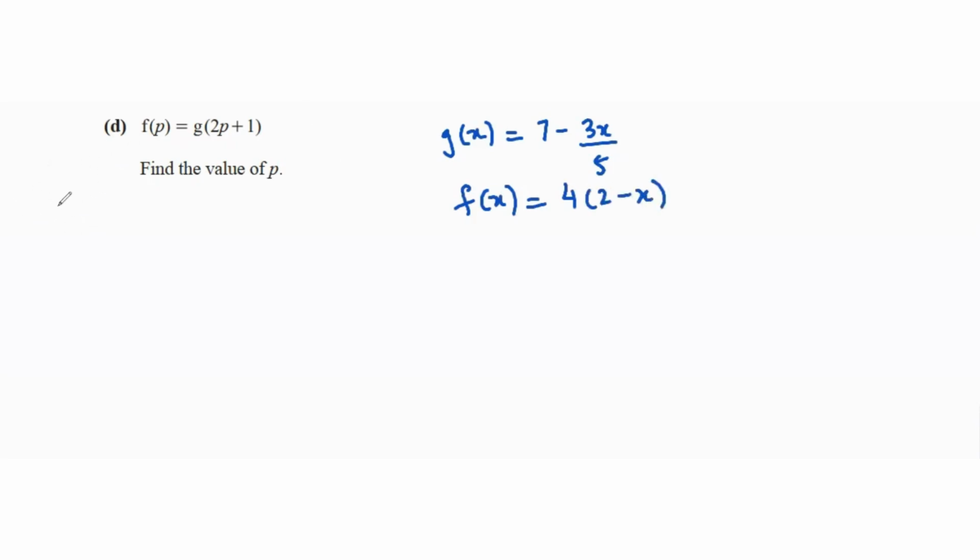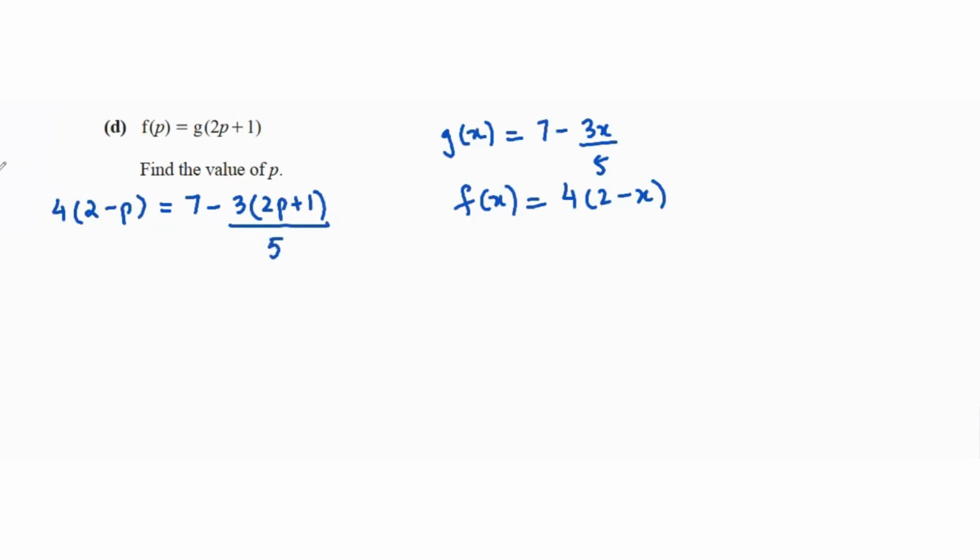So f of p is going to be 4 times 2 minus p. Basically, we're replacing the domain x with p now, and the domain of g is now 2p plus 1. So that's going to be 7 minus 3 times 2p plus 1. The entire x is getting replaced by 2p plus 1.